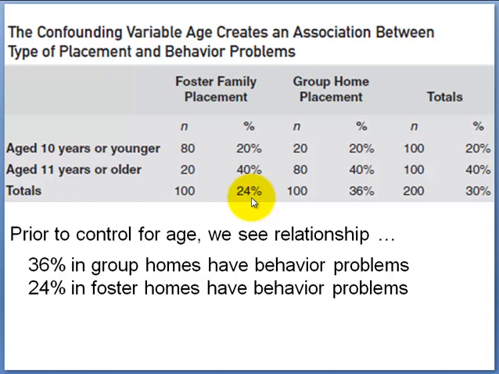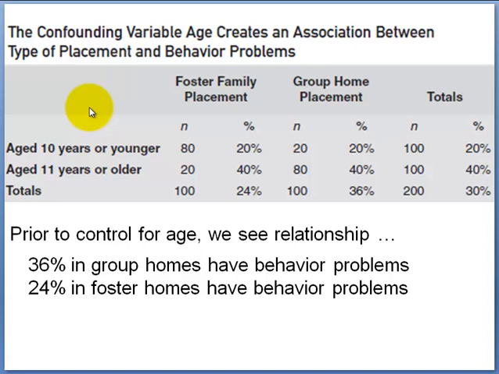Can we conclude that there's something about foster family versus group home that leads to reduced behavior problems? So the logic is almost a reverse logic. What we're going to try to do is see if we can identify a confounding variable that's bringing about the association.